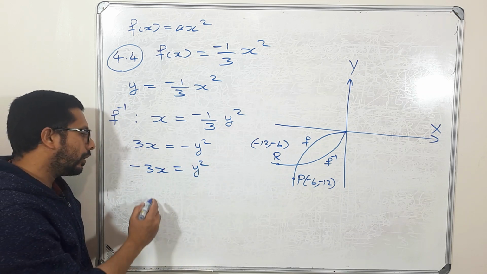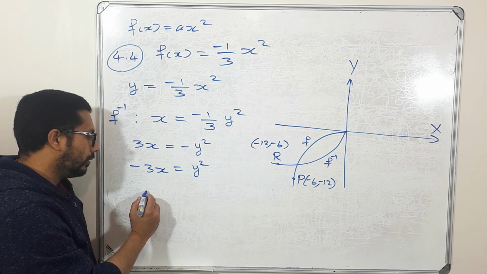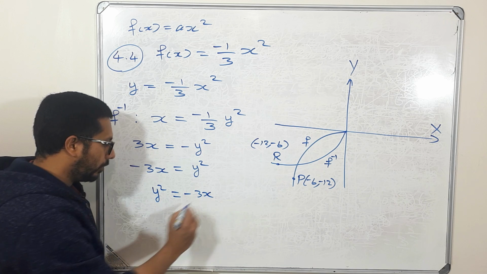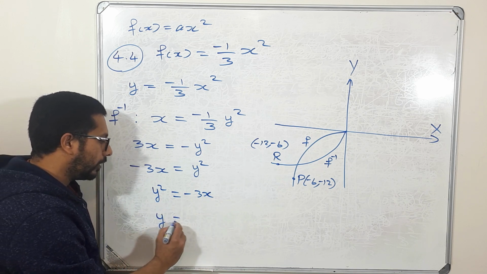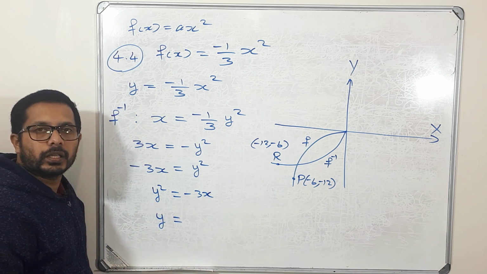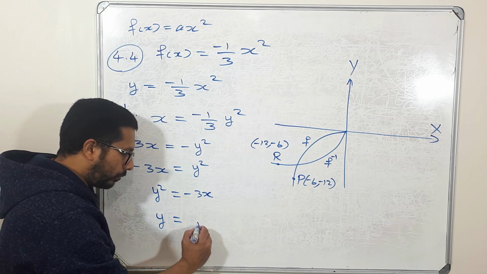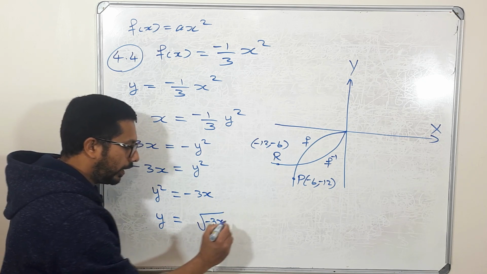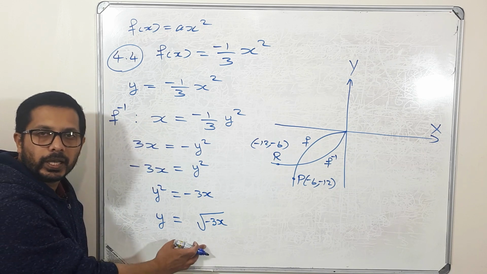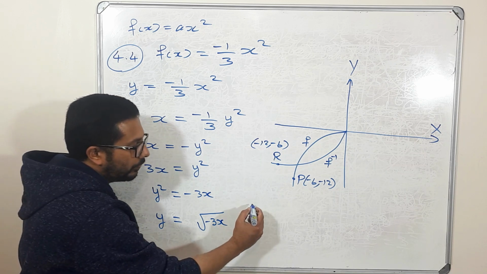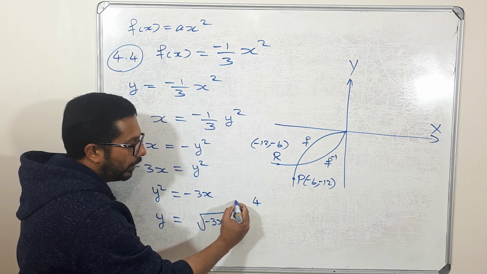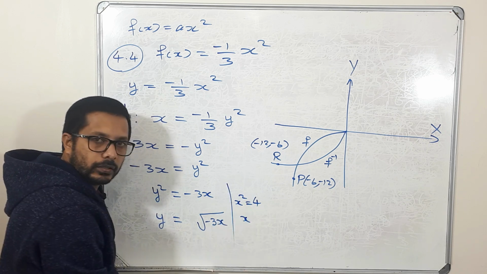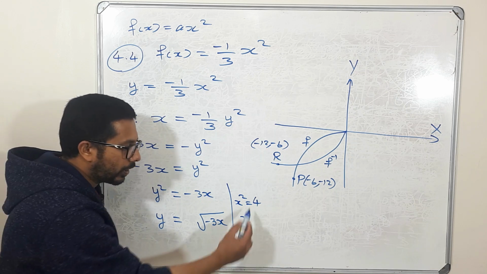Let me write once more. Y squared is equal to minus 3x. So from here what is y? Y is equal to root of minus 3x. But this is not the answer. You know, if x squared is equal to 4, what is x?